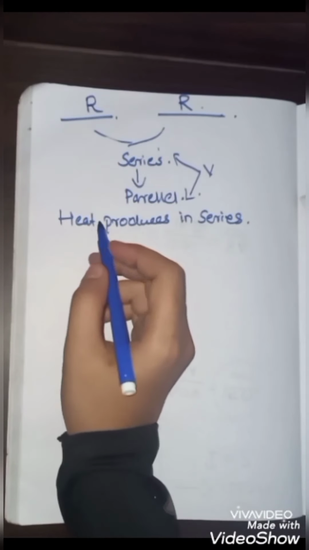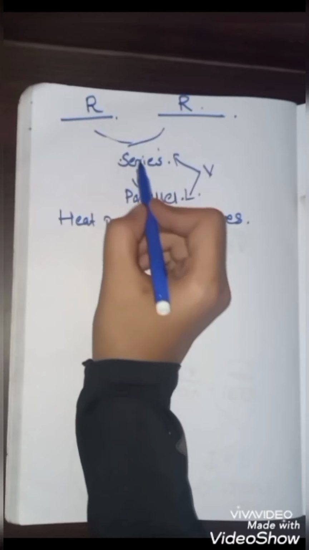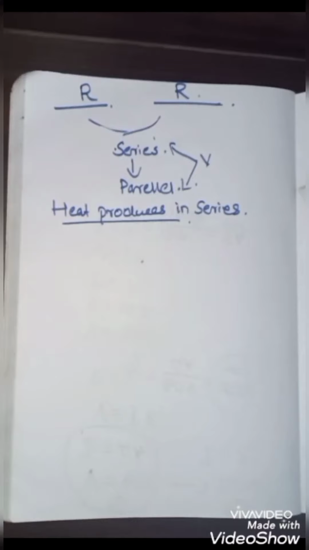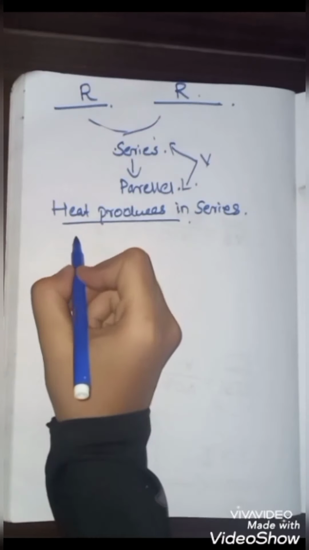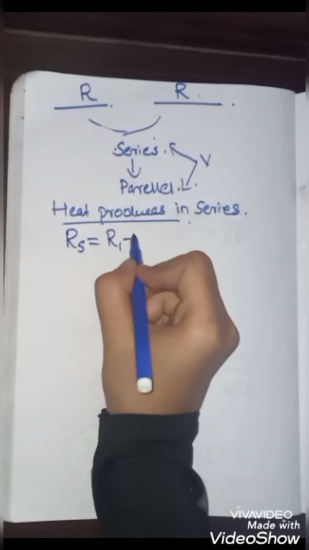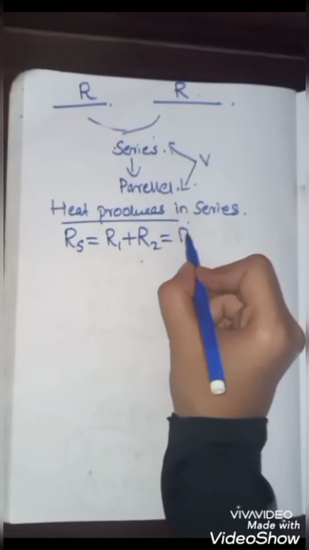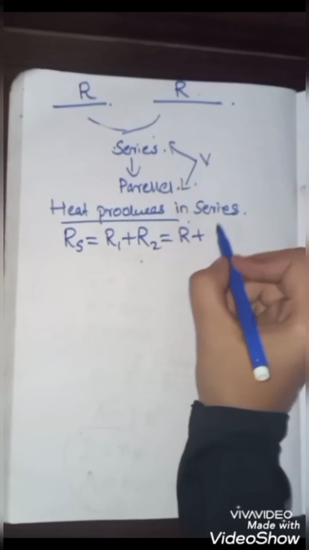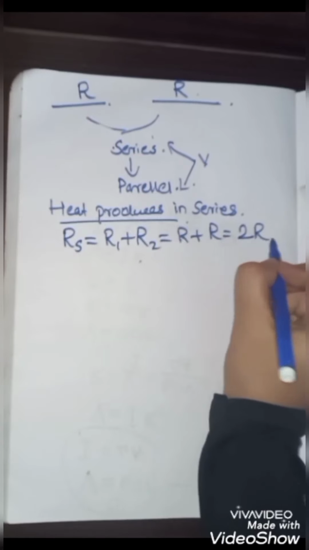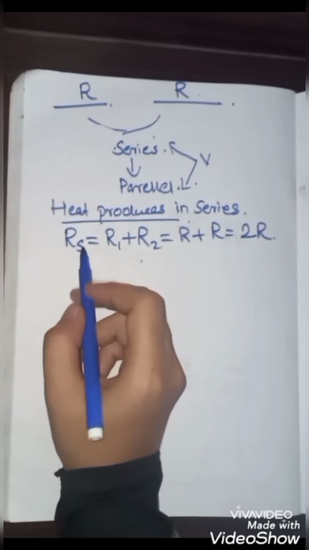What is the equivalent resistance in series connection? The resistance in series is R1 plus R2. Here R1 is R and R2 is also R, so R plus R is 2R. What is the heat produced?